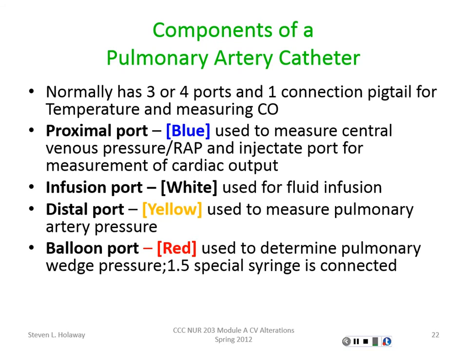When I'm measuring wedge pressure, I will blow the balloon up. And then when I'm finished measuring wedge pressure, I take the air back out. So the balloon is used for 2 things: to help move the catheter into place, and then for measuring wedge pressures.